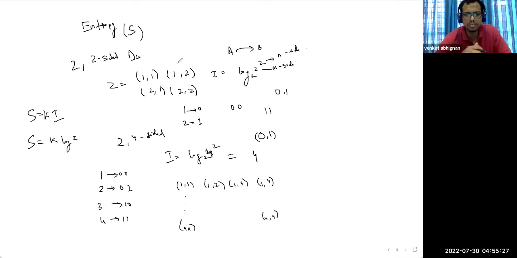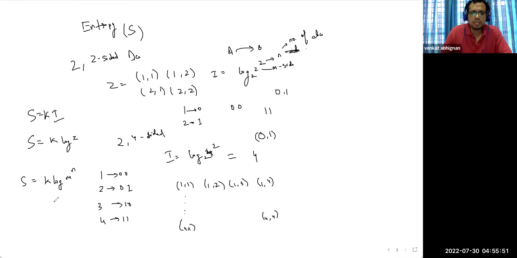For instance, a simple case where we have m sides and n number of dice. You can take the entropy as k log m to the power n.